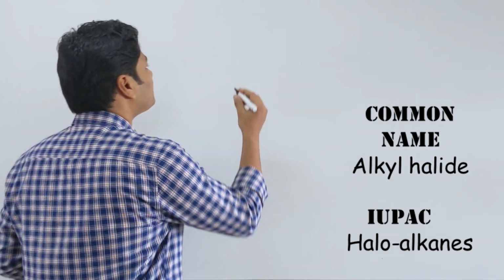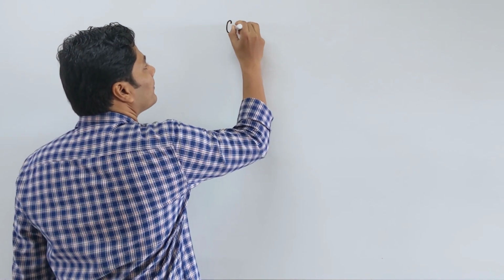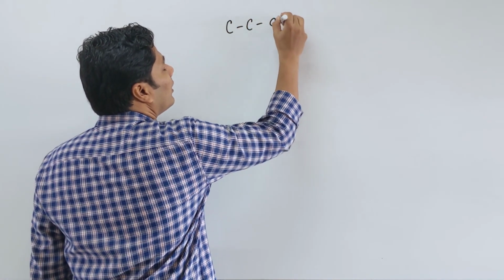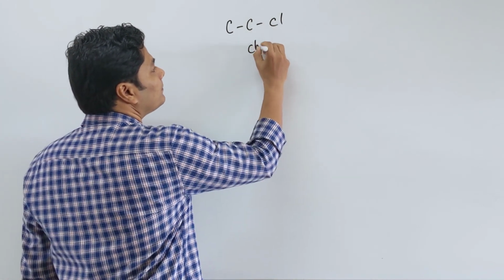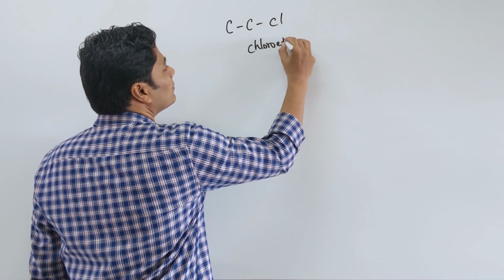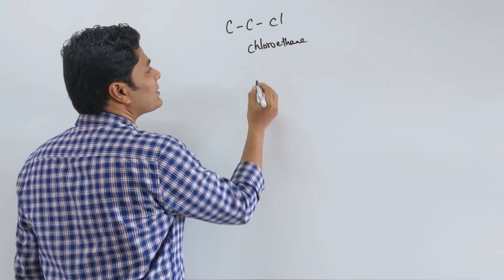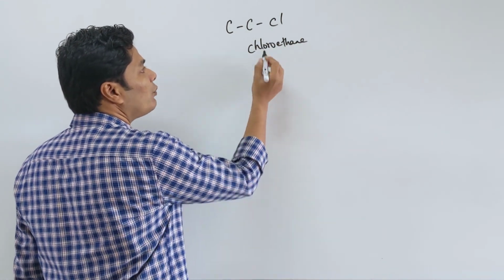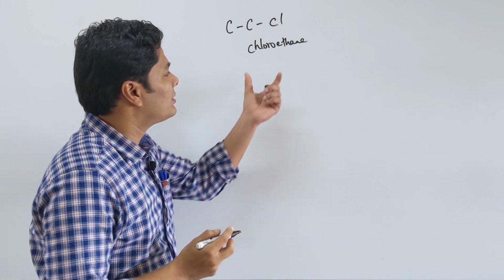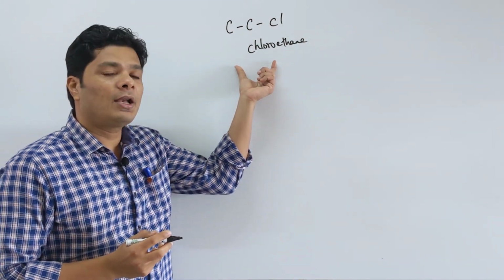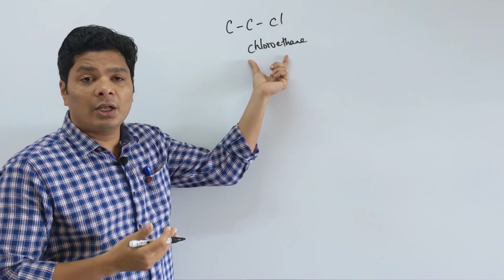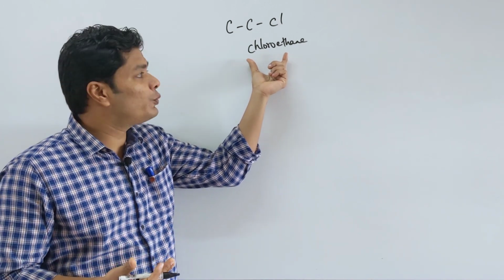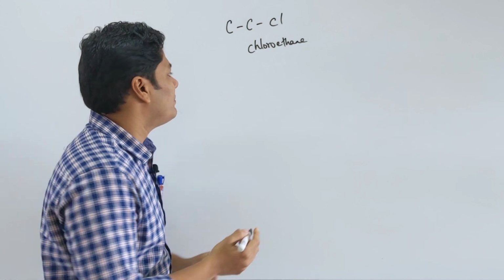For example, if you take this example, you would say chloroethane, whereas this is the IUPAC name, whereas the common name would be ethyl chloride. So, this is the basic difference between a common name and an IUPAC name. Common names are commonly used for reactions, but when the question specifically asks for IUPAC, you should be able to say it.